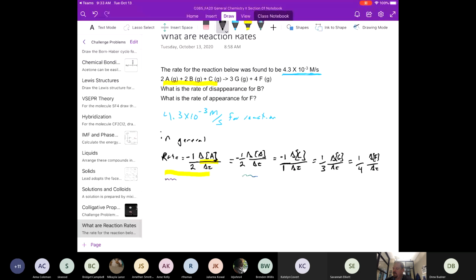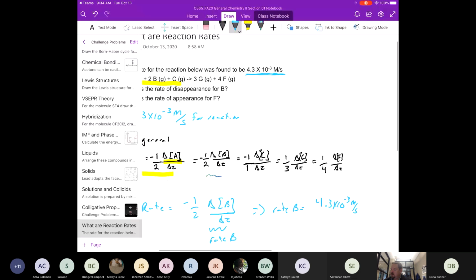So if we define this one as B, the rate of this reaction is going to be equal to a negative 1/2 the change in concentration of B over the change in time. Or we can say this would be the rate of B. Then the rate of B is going to be equal to this value for our rate, the 4.3 times 10 to the negative 3 molar per second, times 2.